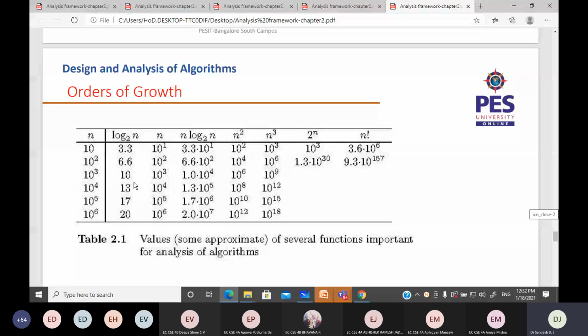For 1000, n takes 1000 time units, but you can see a significant increase for n cube. This is the reason that when we compare algorithms with complexity n and n cube, we compare through orders of growth.